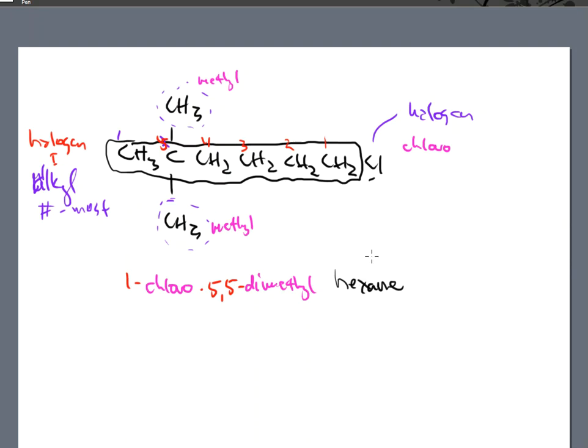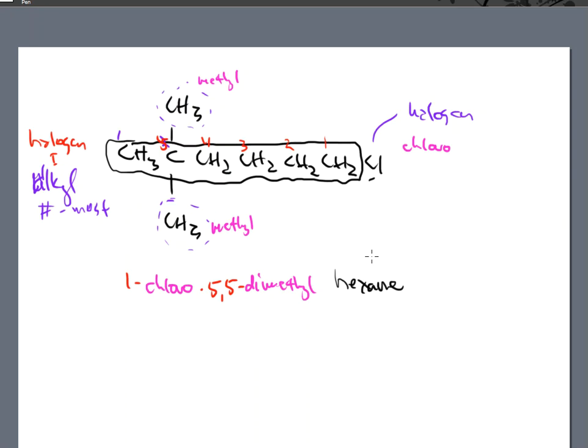Once more we set a foundation: find the longest carbon chain, name the alkyl groups, put numbers on them, you got it. And then we throw in an extra little curveball with a halogen, and we say, oh, by the way, an extra little rule comes in, and this rule is going to give preference to the halogen wherever it shows up. That's kind of where we would want to start talking about it.